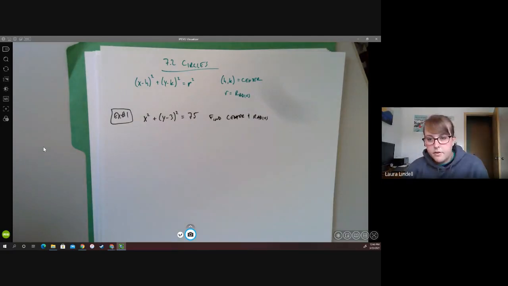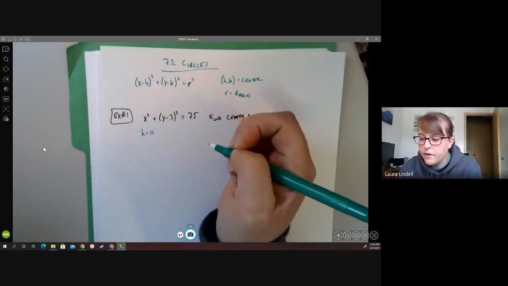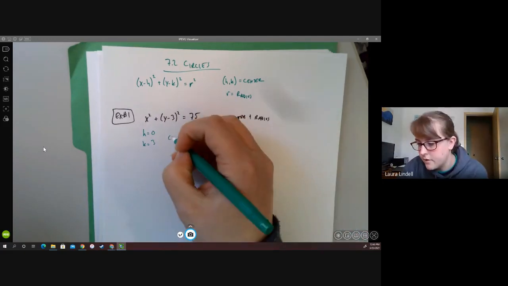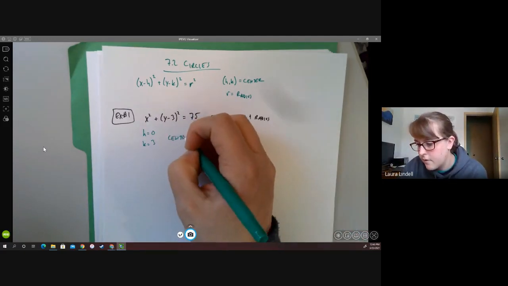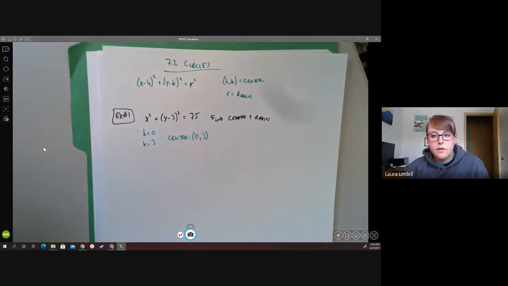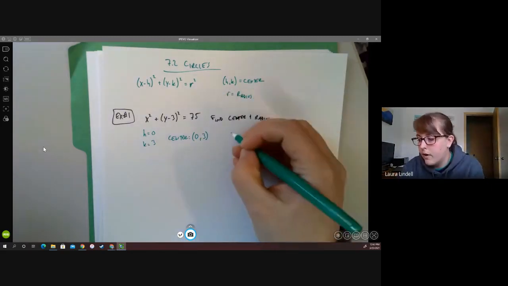All right, well, the center is usually pretty easy to pick out since it's (h, k). In this case, h is 0 since there is no h value, and k is 3. So our center is going to be (0, 3). So there's part of our answer. Second part is finding the radius. Now we know that 75 is r squared.